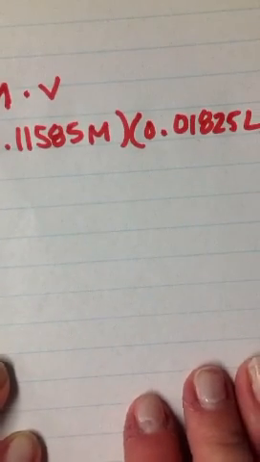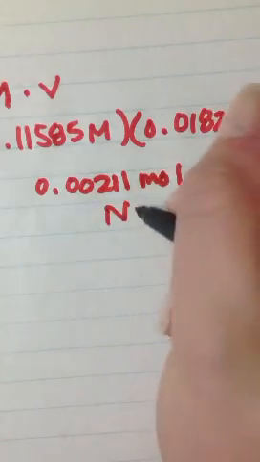So when I multiply these two numbers together, I get my answer of 0.00211 moles of NaOH.